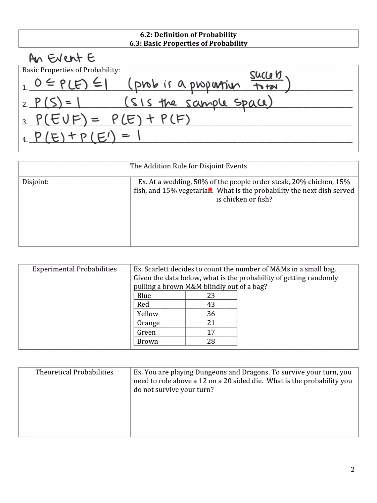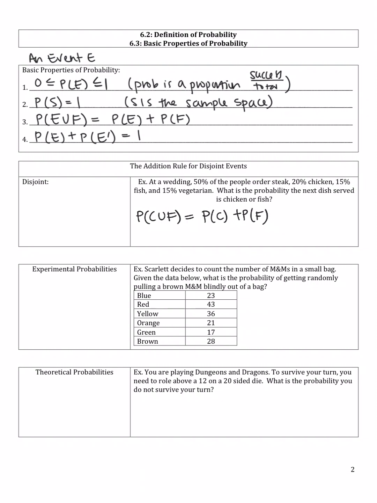So down here, at a wedding, 50% of the people order steak, 20% chicken, 15% fish, and 15% vegetarian. What's the probability the next dish served is chicken or fish? I want to know the probability of chicken or fish. So this is just the probability of chicken plus the probability of fish, because these are two disjoint events.